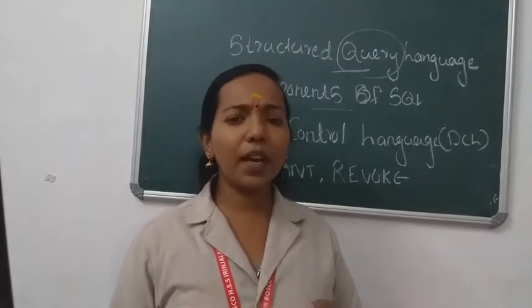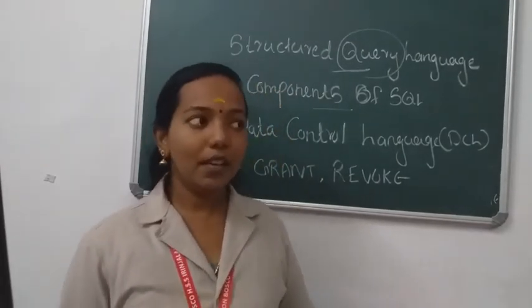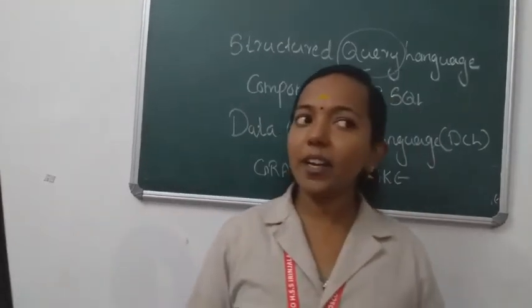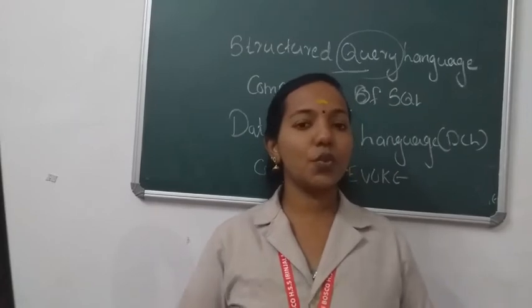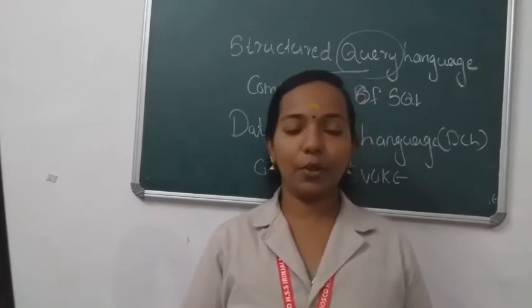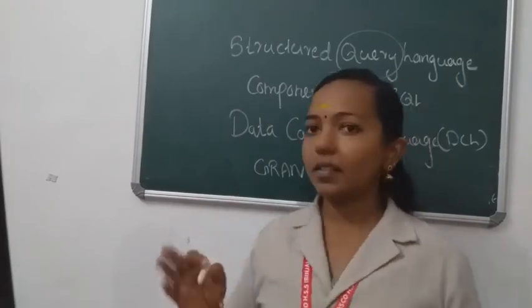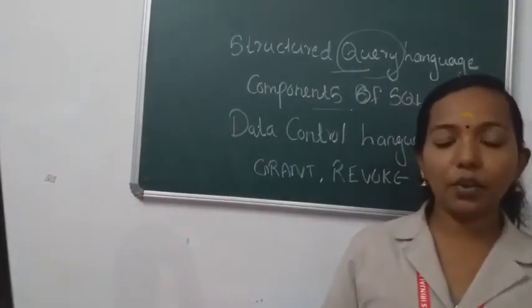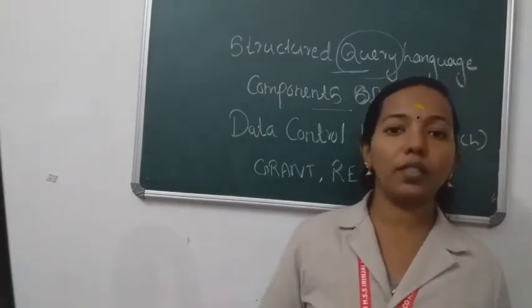That means it provides some kinds of security features to the database. I already mentioned we can give some kinds of restriction to the attributes. Grant means we can give access permission to all the users.